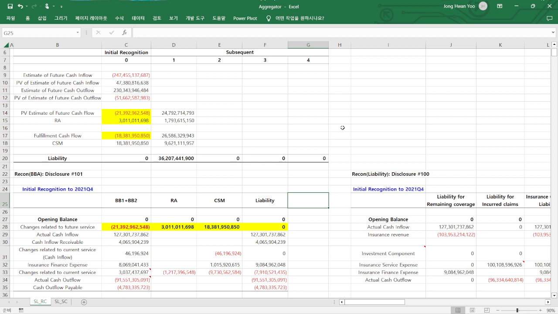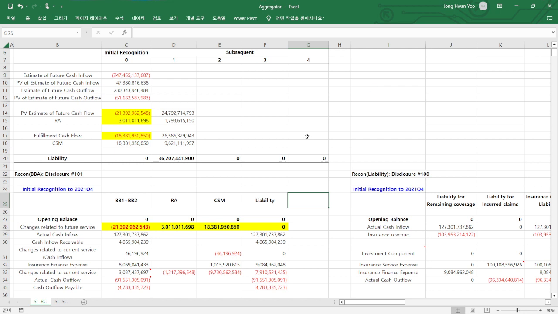But I did the onerous test to conclude that this set of contracts is going to be one group of contracts that I'm going to measure subsequently. And this is the result at initial recognition for my measurement. And I just showed you how I can get the future cash outflow estimate. But in the next video, I'm going to show you how I can come up with the cash inflows, which is the premium side as well.